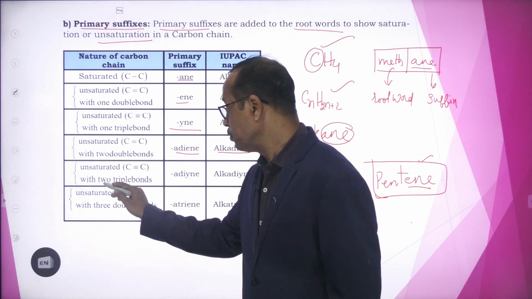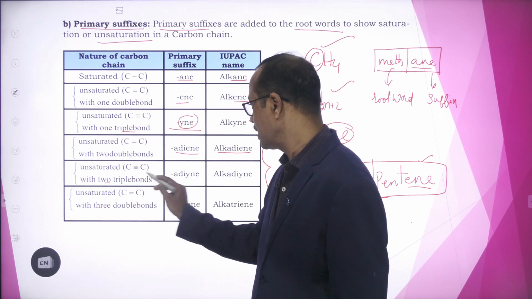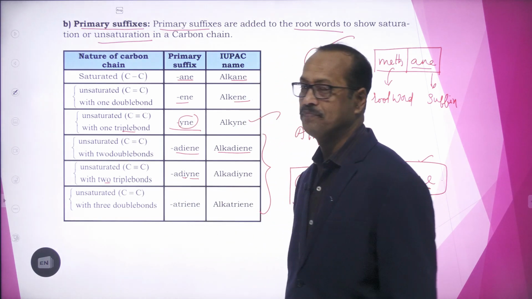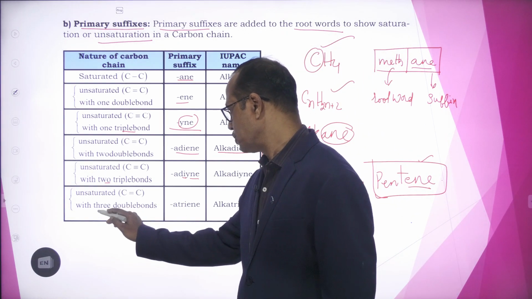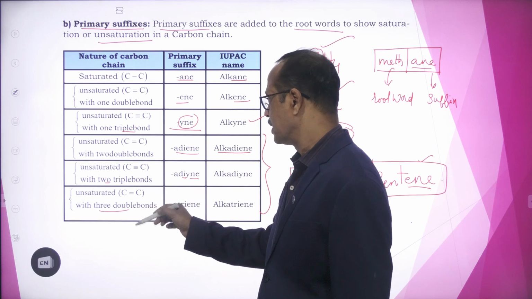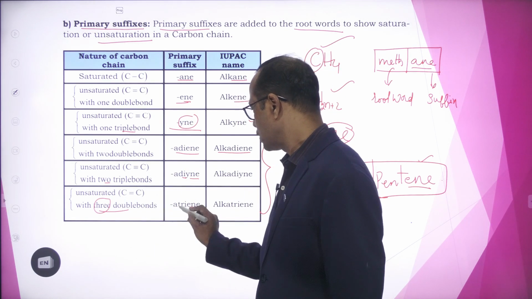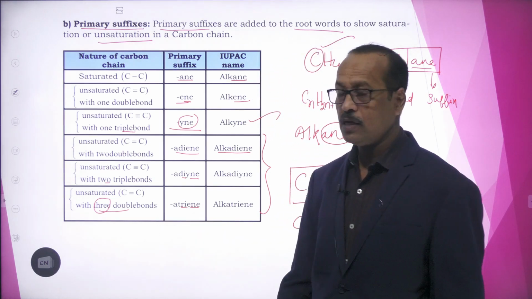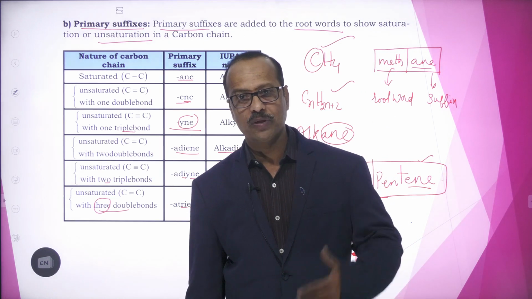And if there are two triple bonds, a triple bond is called ine, but with two it is diyne. Like this, if three double bonds are there, a double bond is ene, but how many? 3. So write tri. Like this.